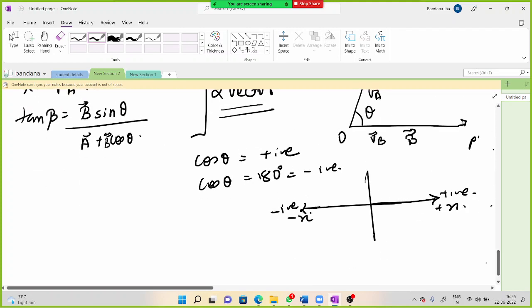Cos is for the base. Just like sin theta: if theta is 90 degree, it is positive, but when theta is 270 degree, it will be negative, the minus y-axis.